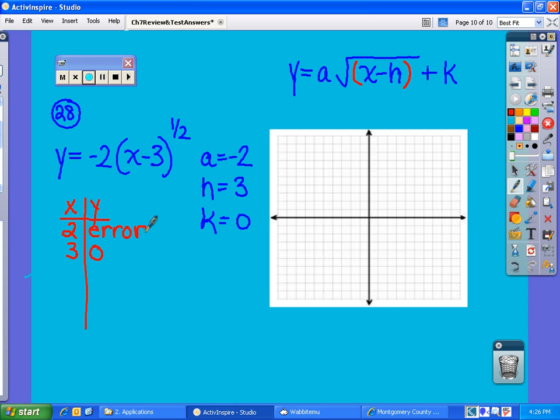So we can pick one value after 3 because we know we can take the square root of 1. So 4 minus 3 is 1, square root of 1 is 1, times -2 is -2.